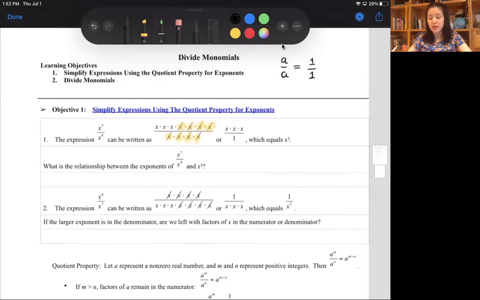So for the first pair, x divided by x is simply 1 over 1. The second pair is 1 over 1, the third pair 1 over 1, and the last pair 1 over 1. On the top I have 1 times 1 times 1 times 1, and on the bottom 1 times 1 times 1 times 1, that's just 1.